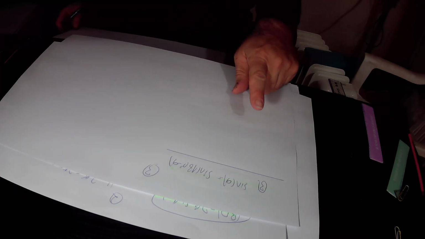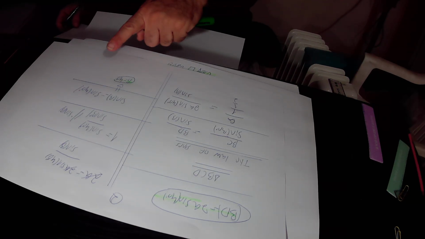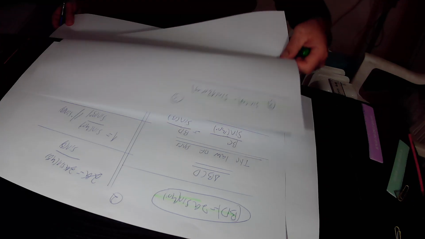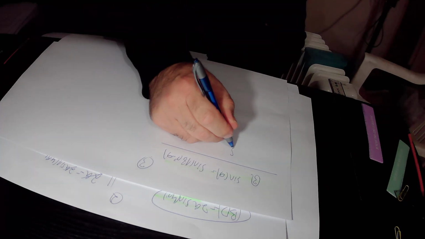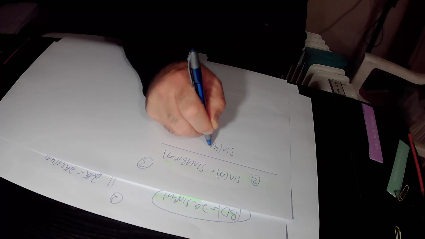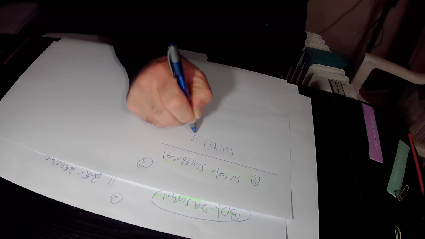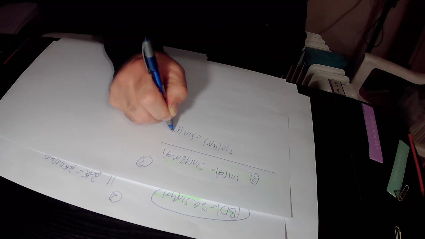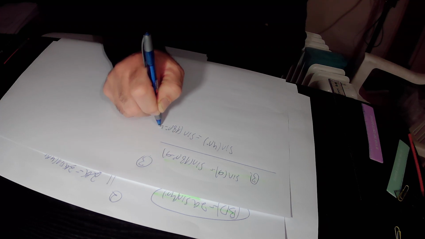So according to this first trigonometric identity, we will get that sine 40 degrees equals sine of 180 degrees minus 40 degrees.